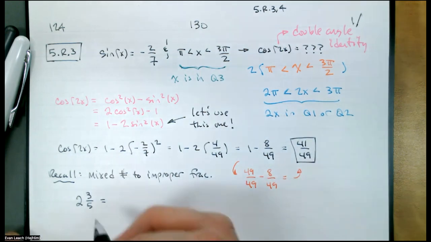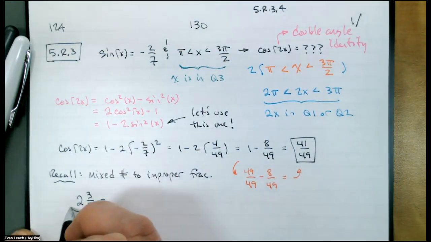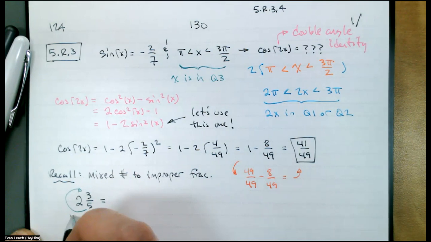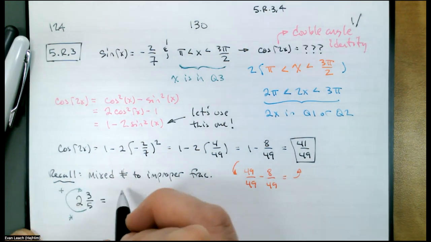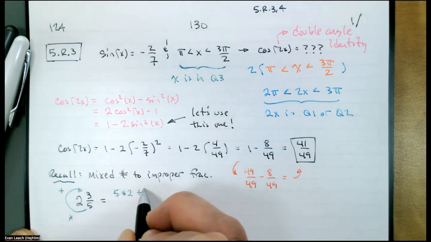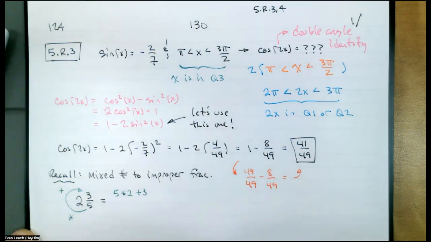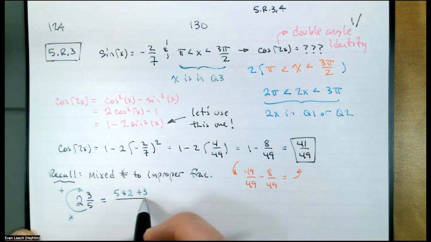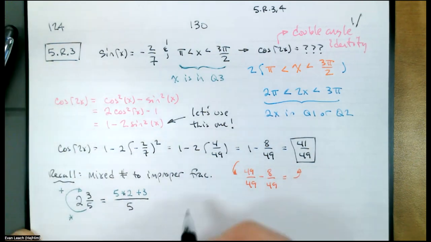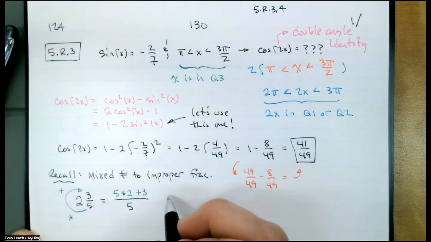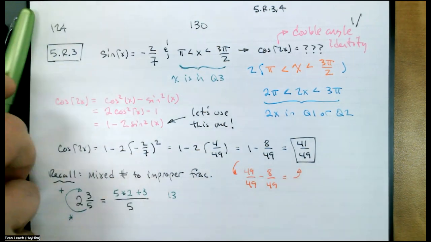Has everybody seen this one before? You kind of go around this. You multiply here, and then you add here. So you do 5 times 2 plus 3, and then you just keep the denominator. So 2 times 5 is 10, and 3 is 13 over 5.